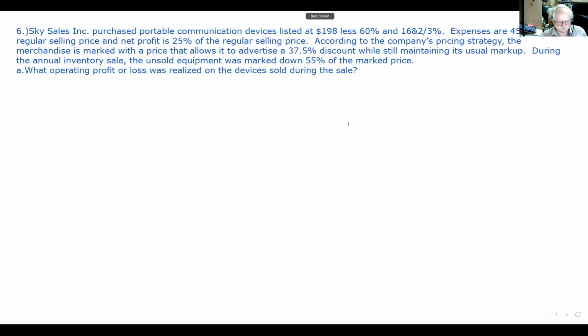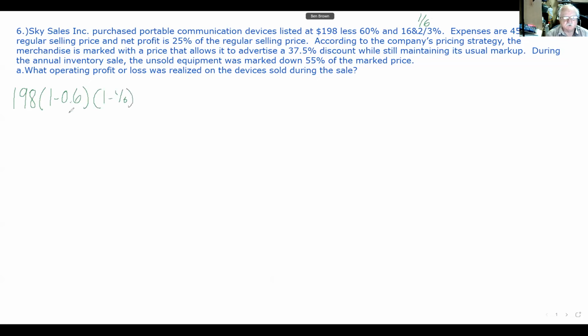And we didn't lose the question this time. So basically, they're just getting us to do the same painful process again. We can figure out the cost. $198, 1 minus 0.6. 16 2/3 is going to be 1/6, which they just expect you to memorize. 1 minus 1/6.